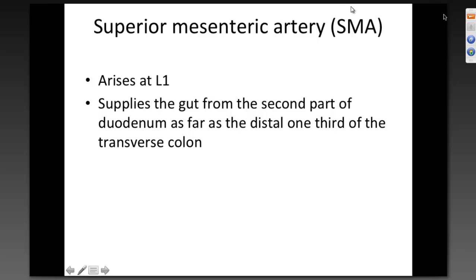The point is, the first and the second third of the transverse colon are supplied by the superior mesenteric, and the third, if you will, is supplied by the inferior mesenteric.